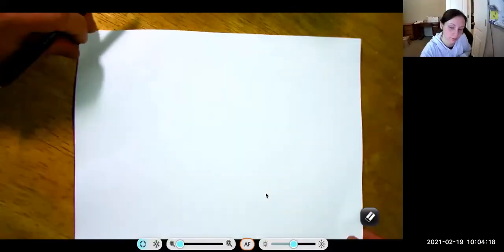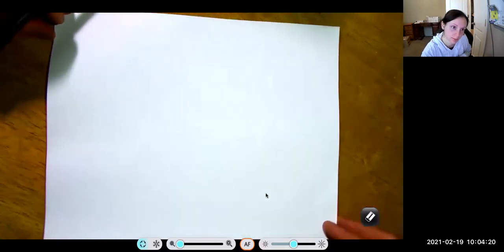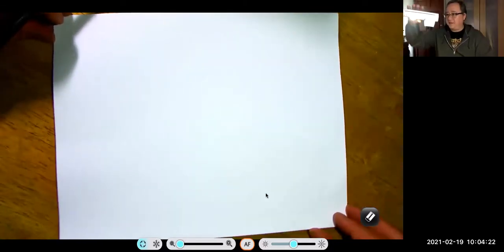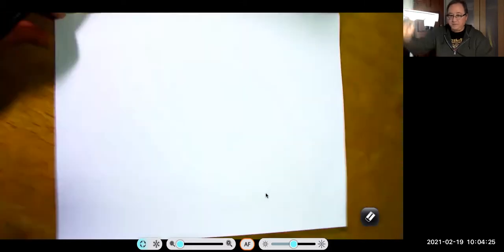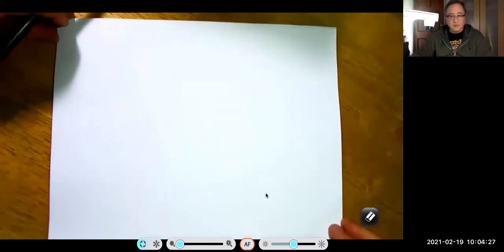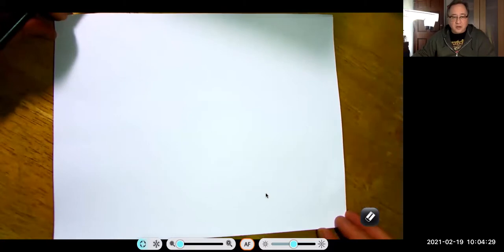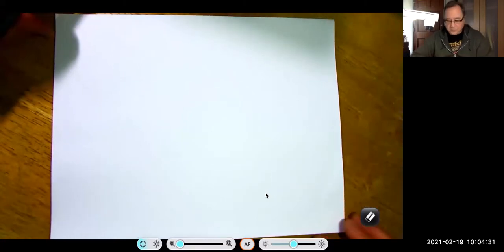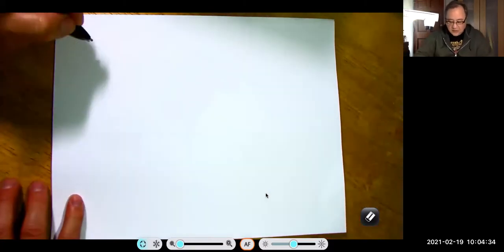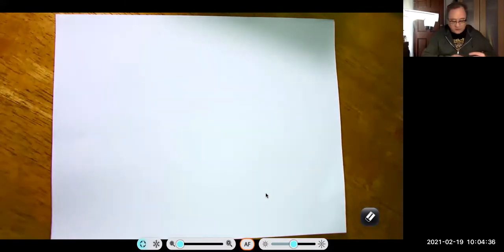I'm going to do a change share here so that you can see my tabletop and my elbow. Okay, so here we go. Trying to get the paper aligned. Okay, so let's say that we want to write a net ionic equation for sodium carbonate.